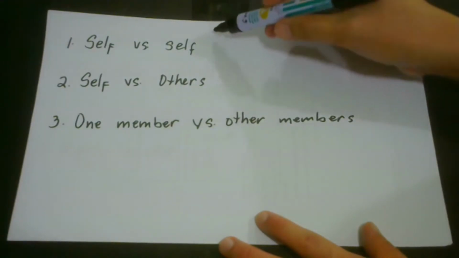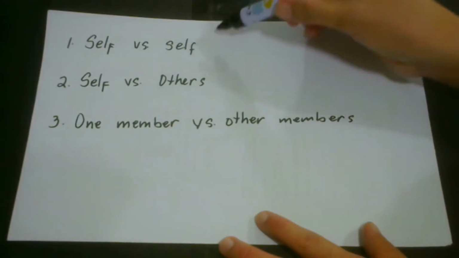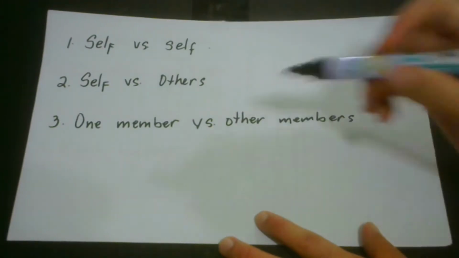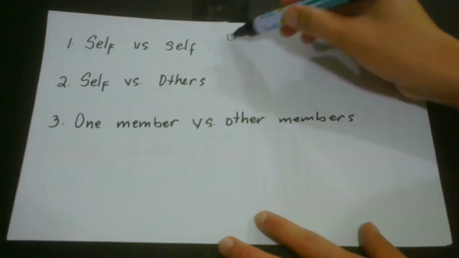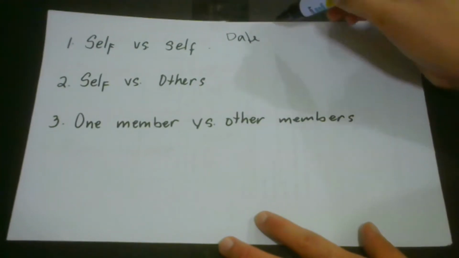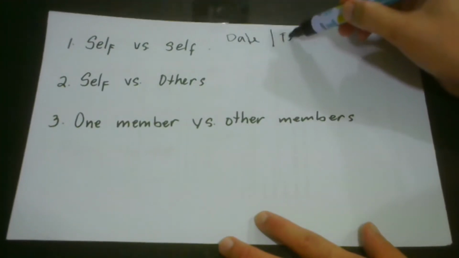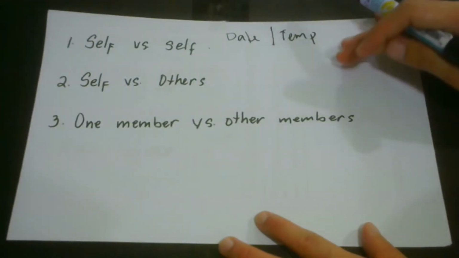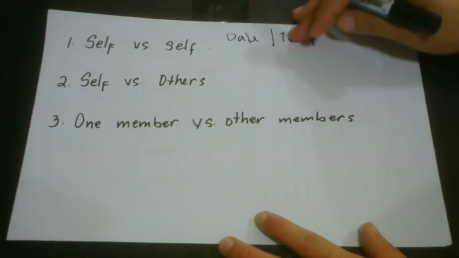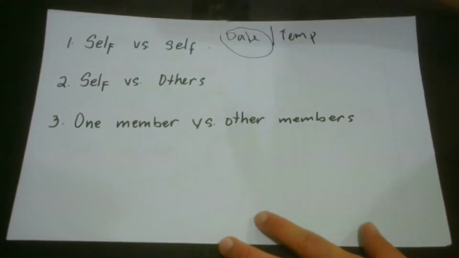In number one, we are actually just considering only one data point. I mean, one feature in a data. For example, we have date, and then we have temperature. Basically, what we do here is that we're going to identify on what particular date there would be a supposed anomaly.